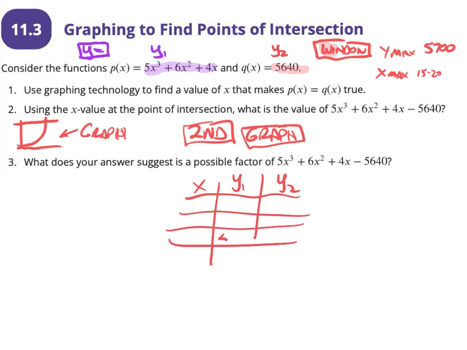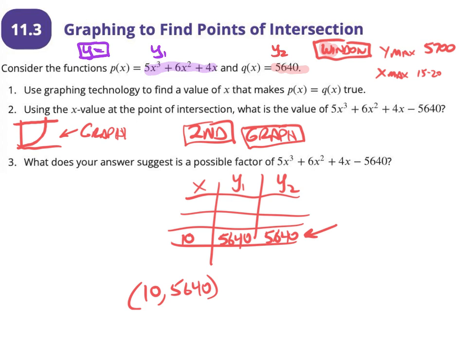You keep scrolling down till you see 5640 is equal to 5640. And what you should see is 10. So the point 10, comma 5640 is the point of intersection because when X is 10, both the Y values are the same.